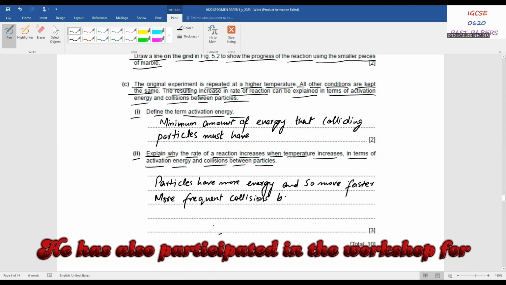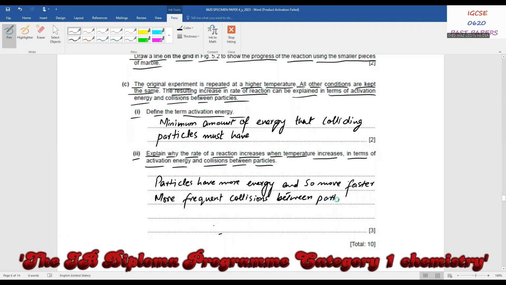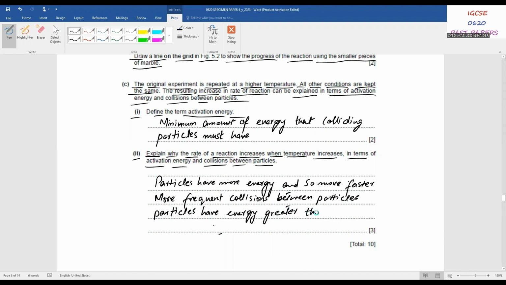You have to write between particles, because the collision can be with the walls of the container. So then you can say particles have energy greater than the activation energy, or EA.